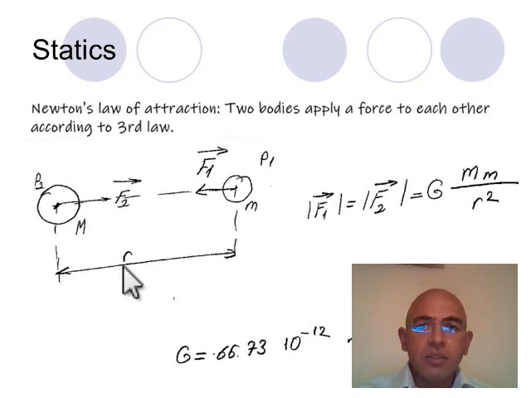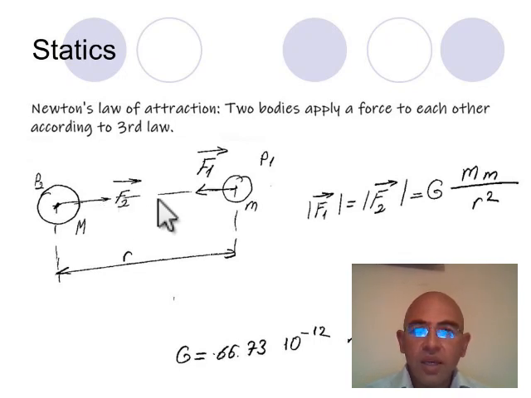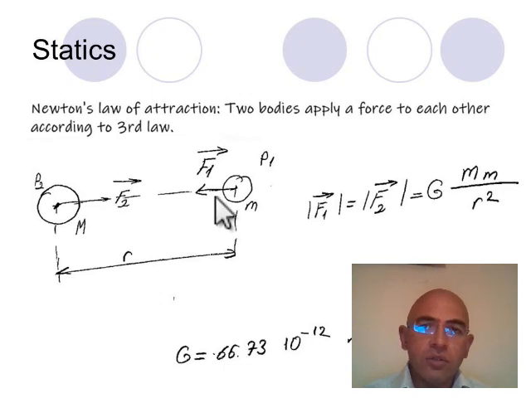Let's say that this distance is r, and the mass of the Earth is capital M, and the mass of the Moon is small m. In fact, the Moon attracts the Earth and applies a force of F2 on the Earth, and the Earth applies a force of F1 and attracts the Moon towards it.